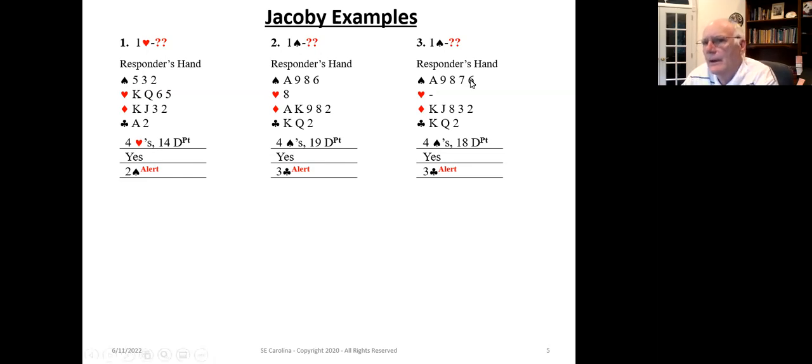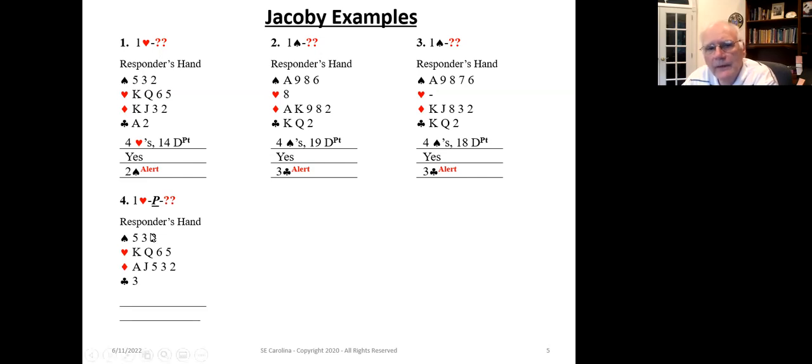Actually, this should say 5 spades here, and we still want to use this with 5-card support. Again, the reason is we want to tell our partner we've got a great fit and we want to explore slam.